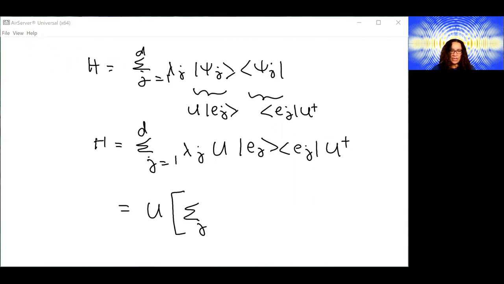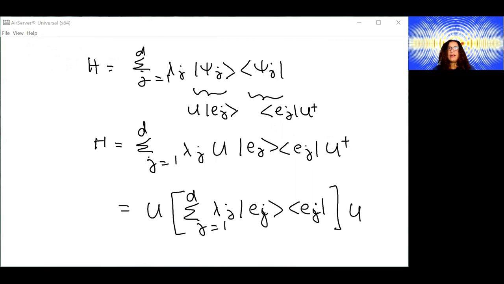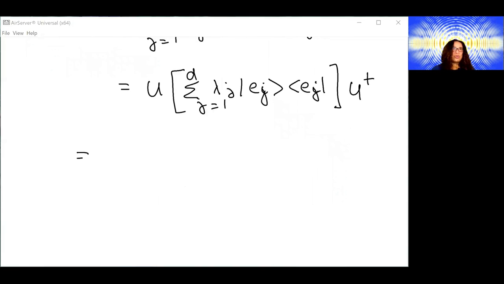the sum from j equals 1 to d of lambda j U e j bra e j U dagger. So this leads you to conclude that H is U D U dagger.